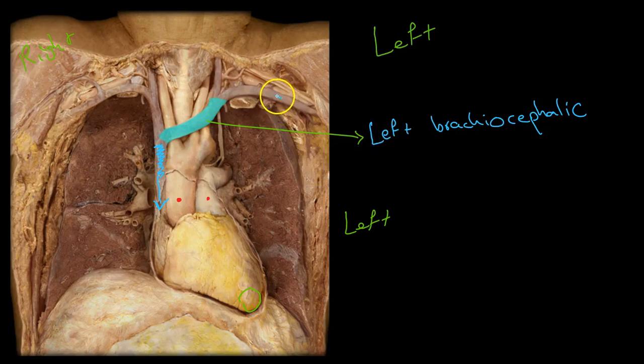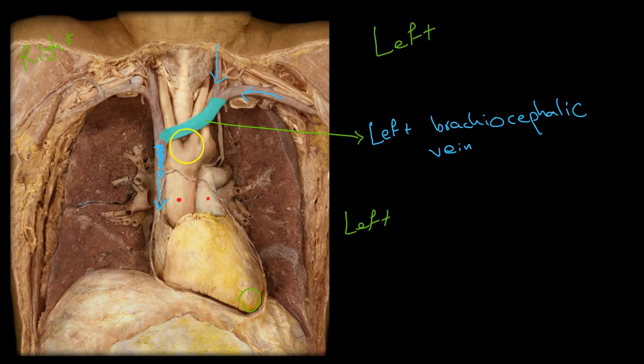So this vein coming from the arm is the left subclavian vein, and this one coming from the head and neck is the left jugular vein. So the jugular vein and subclavian vein join together and make the brachiocephalic vein. So this is the right brachiocephalic vein.